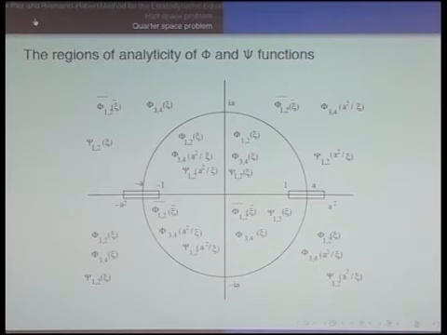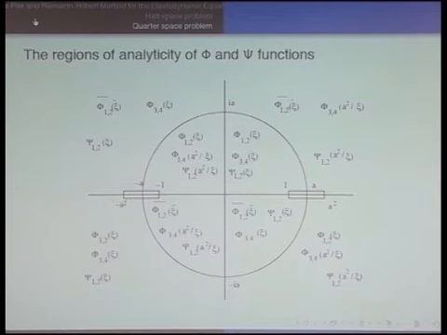It means that when we start writing the jump equation, for example, on this cross part of the contour, these 2 functions will be eliminated from the jump equation, and we will come up with equations which contain only 4 unknown functions.